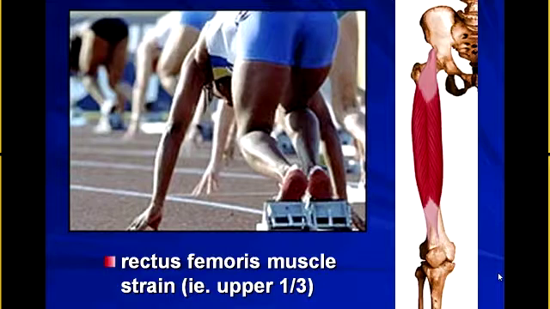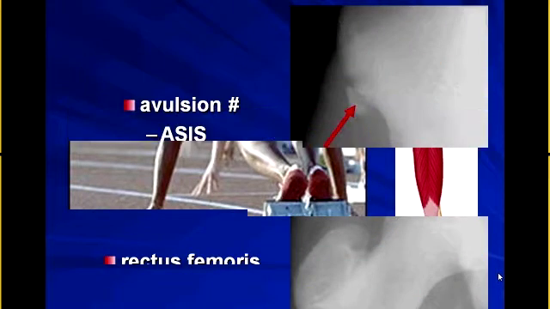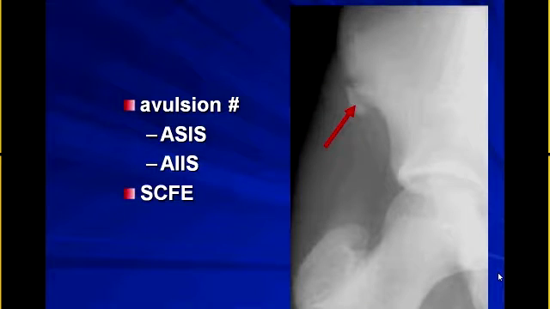You would expect pain on active and resisted function and passive stretch. Often it's a violent concentric contraction, or eccentric overload, for example, exploding out of the blocks in a race. So again, we can have avulsion fractures that can cause anterior hip and groin pain.